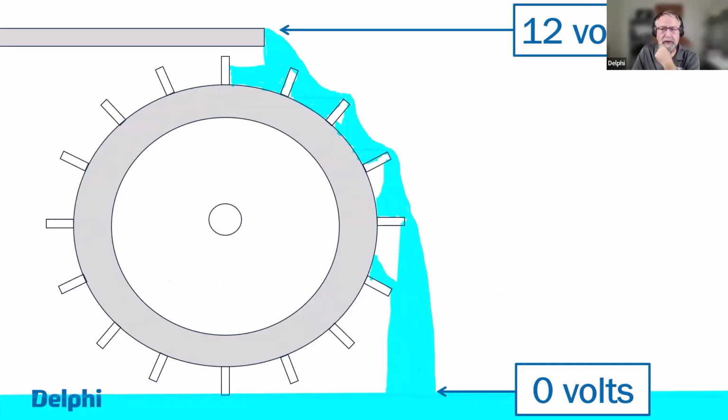Another way of visualizing this is the idea of an elevated water pipe that's flowing water onto a water wheel. And that water wheel in turn is converting the potential energy. So you see this 12-volt line, where the water is exiting from that pipe.